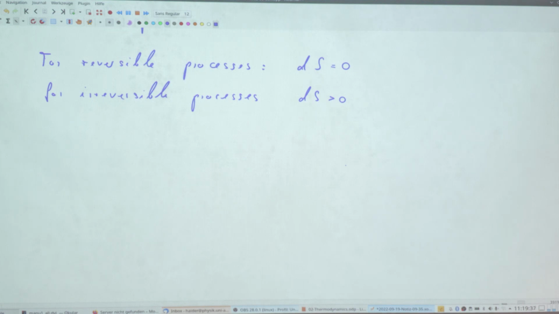So if you look at a reversible process, we have this dS equals 0.